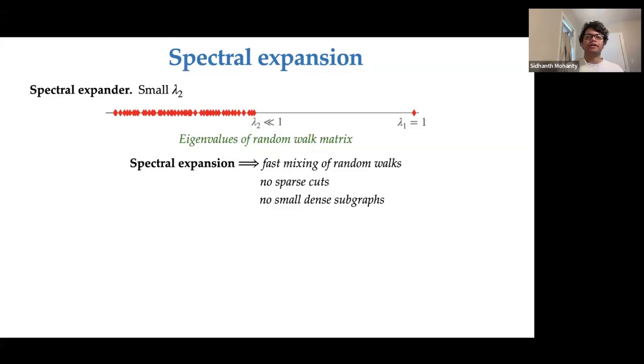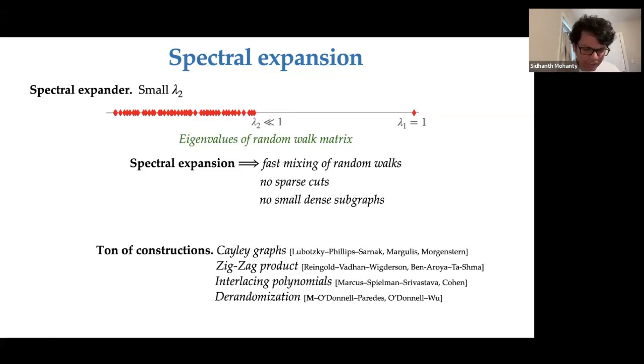And the reason spectral expansion is an interesting notion is because it implies a lot of combinatorial properties of interest. For example, it implies that random walks in your graph mix fast. It tells you that your graph has no sparse cuts. It also tells you that if you look at a small subgraph, there's going to be not too many edges in that subgraph.